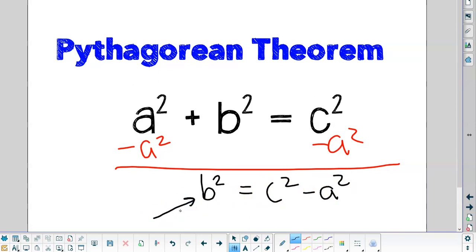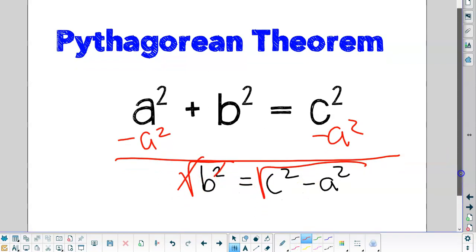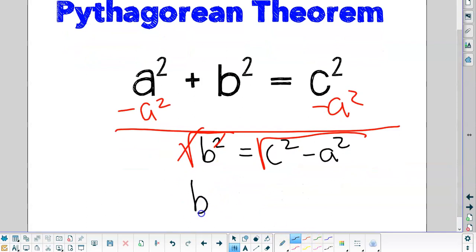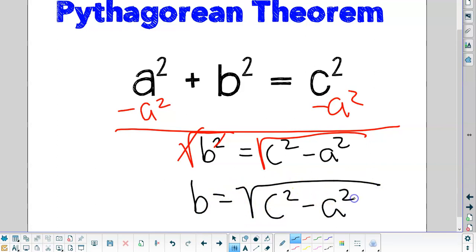It doesn't matter if you isolate B or A, but you do have to get that power of 2 to disappear. Do you remember how you do that? That's right, you square root it. That will eliminate the square sign and give you a single sentence that you can enter in your calculator.